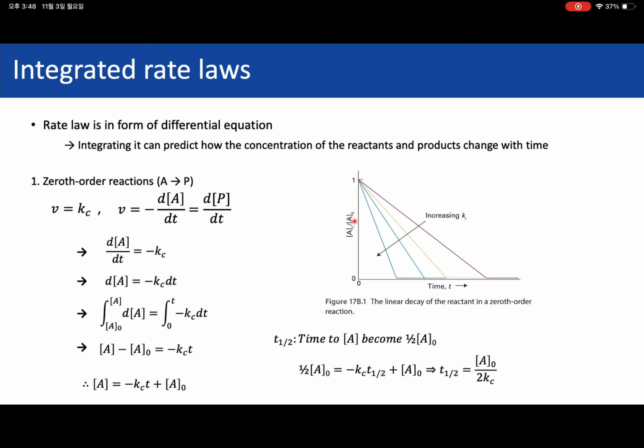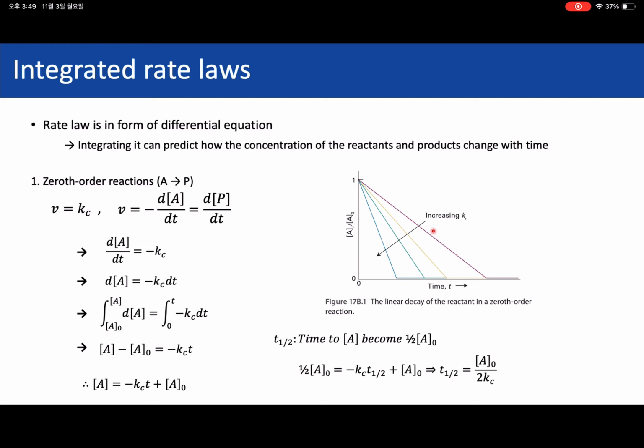Since we are dividing by A0, it always starts from 1, but it decreases linearly, and at some time t, all the reactant will react and turn into products. So this is the time evolution of the molar concentration of A.